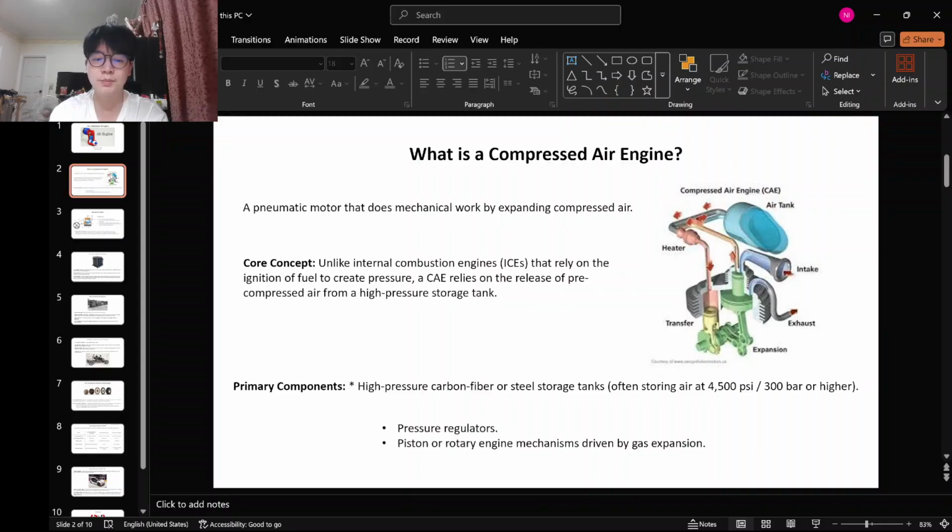The second one is the piston or rotary engine mechanism driven by gas expansion. High-pressure carbon fiber or steel storage tanks often store air at around 4,500 psi, or around 300 bar or higher.